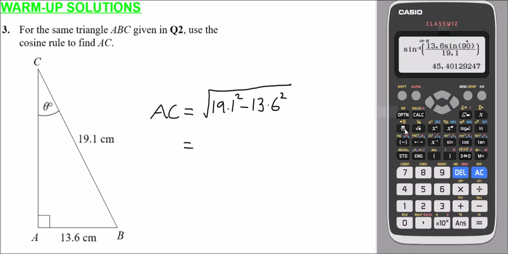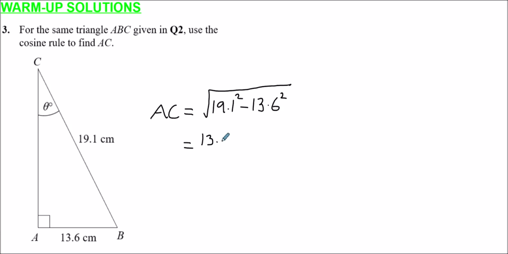So if we just bash this onto our calculator and work out what it is, we've got 19.1 squared minus 13.6 squared, all of that square rooted, obviously, like I've said, to 3 sig figs 13.4. So we should get that when we use the cosine rule, like the question says.